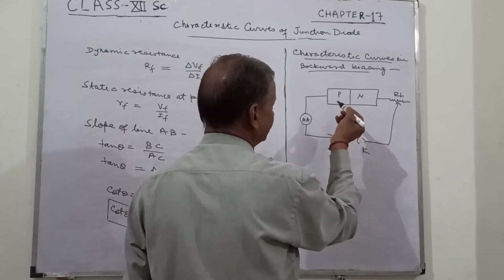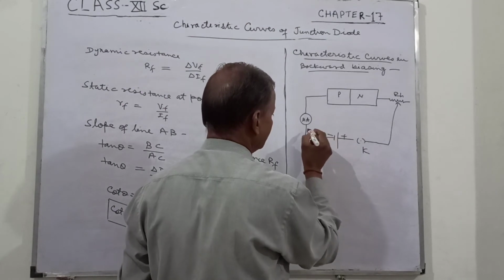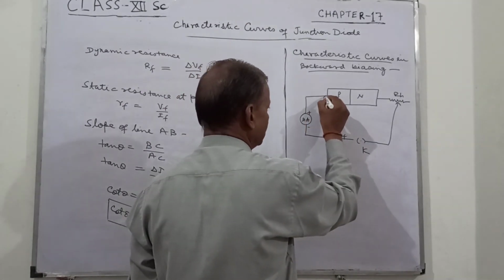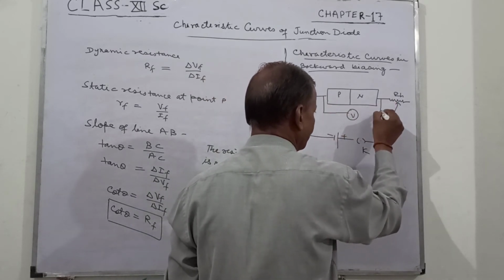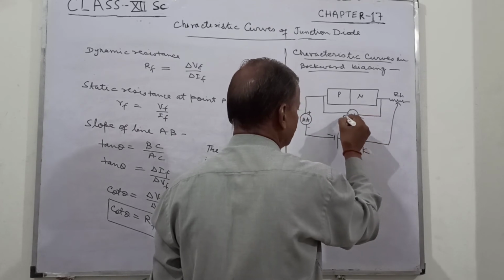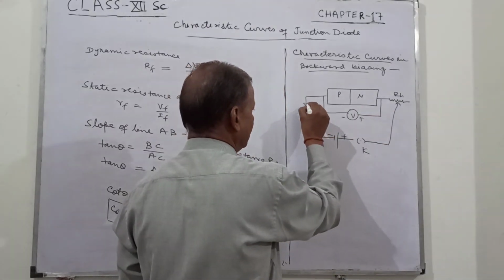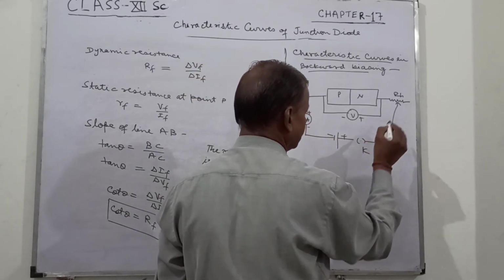So now at this time the current is very less, and just to measure this you can see that this is ammeter, this is positive and negative. Here we apply the voltmeter, and voltmeter this is positive and negative. So there will be the very less current in the circuit.